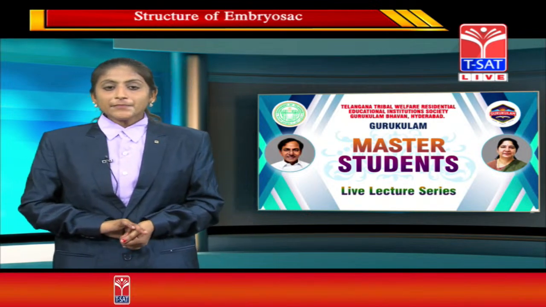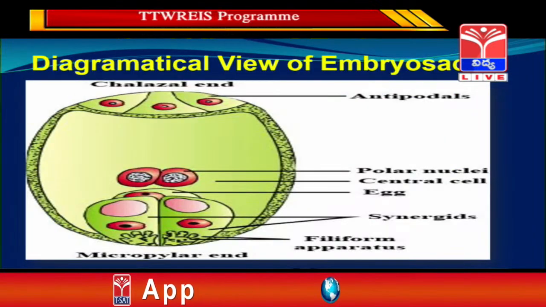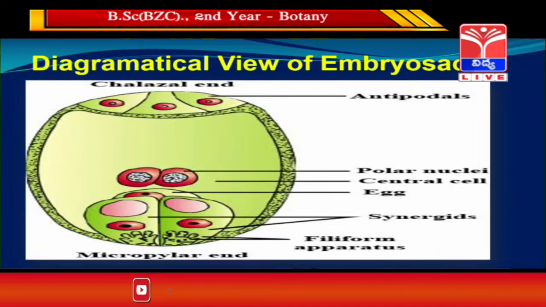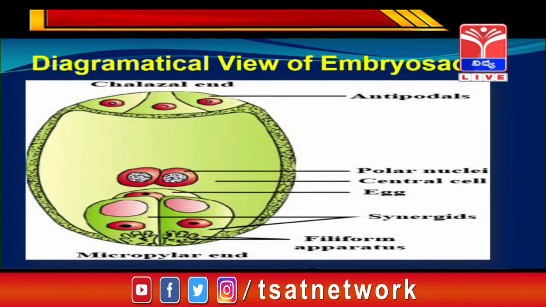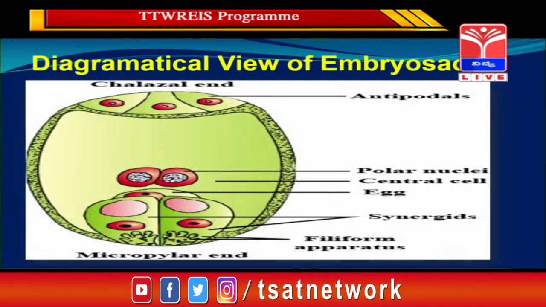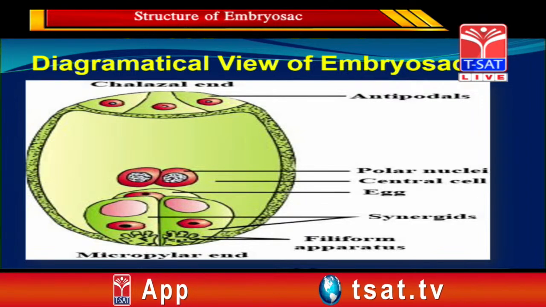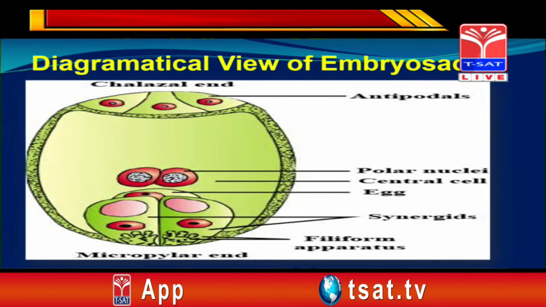See here, this is a diagrammatic view of the embryo sac. In the embryo sac, mainly three components are present: the egg apparatus, the central cell and the antipodals. In the egg apparatus, one egg cell and 2 synergids are present. In the synergids we observe finger-like projections, the filiform apparatus.